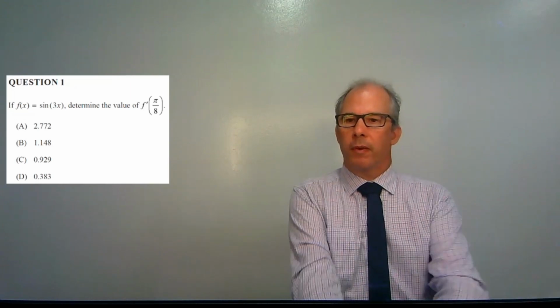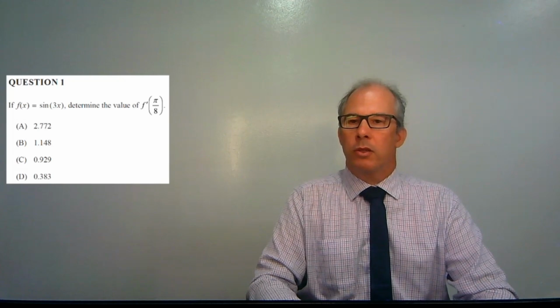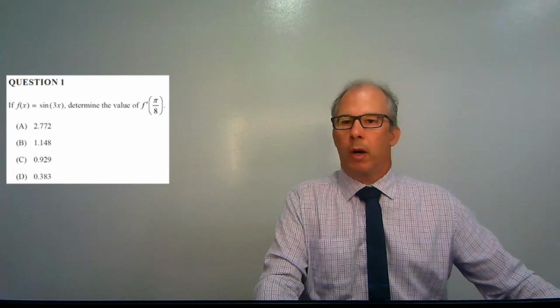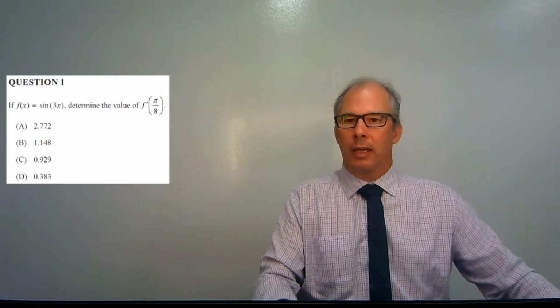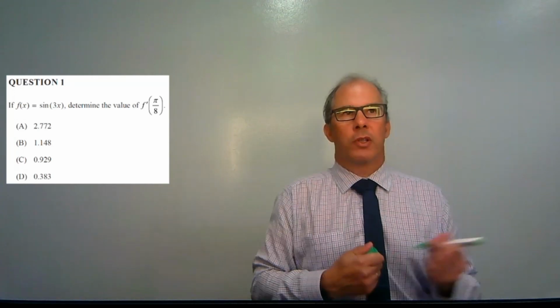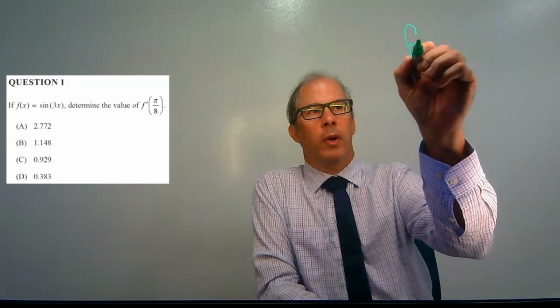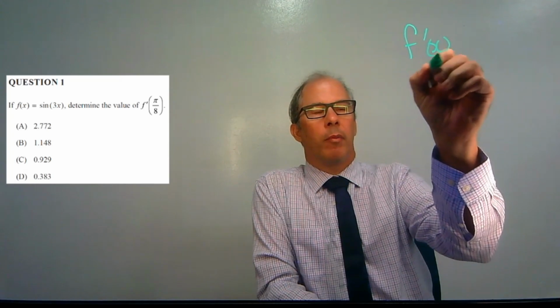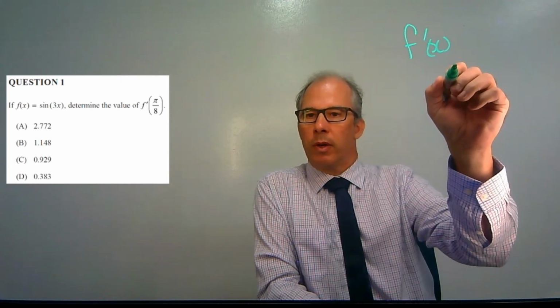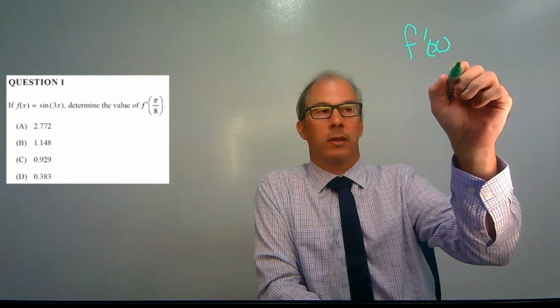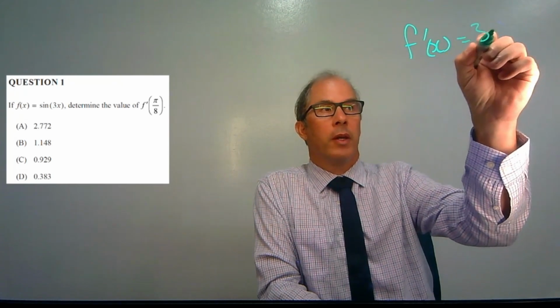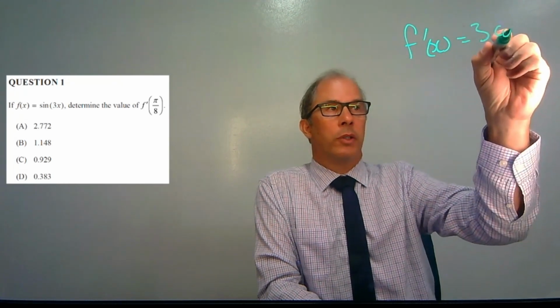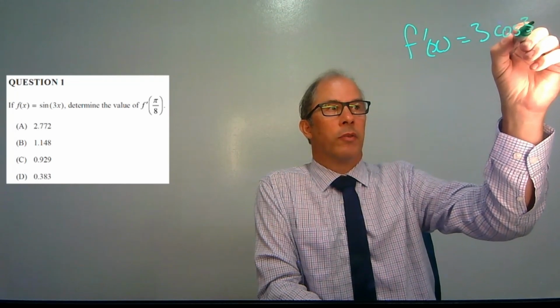If f of x equals sine 3x, determine the value of f dash pi on 8. For this question we first need to know the derivative. The derivative of the function sine 3x is going to be 3 cosine of 3x.